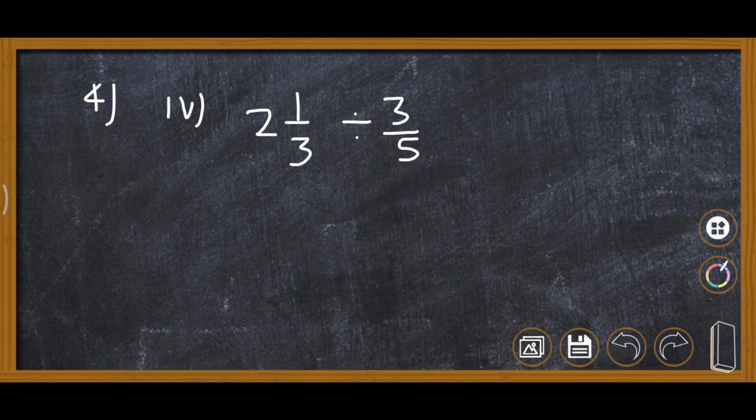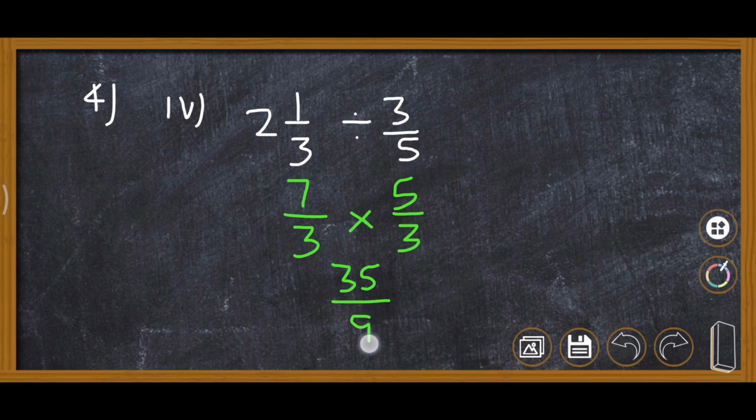First of all, convert into improper. 3 2s are 6 and 1, 7 upon 3. Divide changes to multiply, and 3 upon 5 becomes 5 upon 3. Now 7 5s are 35 and 3 3s are 9. So answer is 35 upon 9.